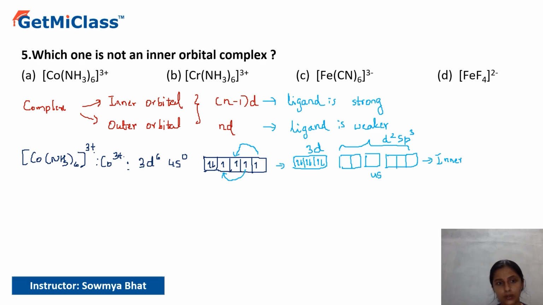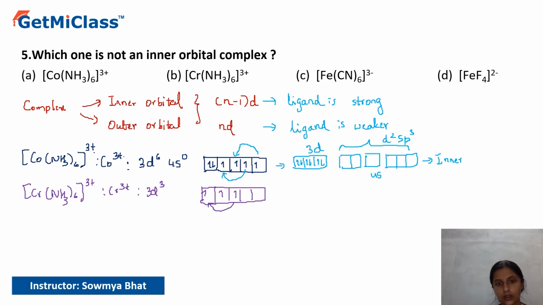The second option which we have here is the [Cr(NH3)6]3+ complex. Here Cr is in the +3 state. Again the configuration will be 3d5 4s1. So after removing 3 electrons, you have 3d3, and the electrons will be like this, and the ligand makes the electrons pair up like this.